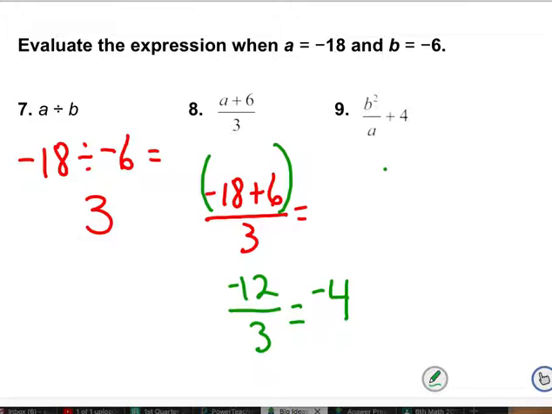B squared divided by what number? You tell me. Negative.